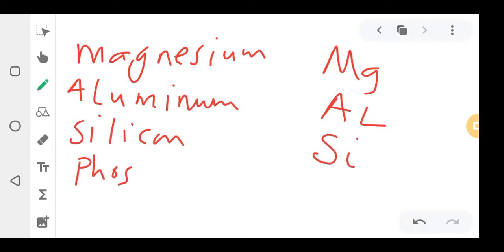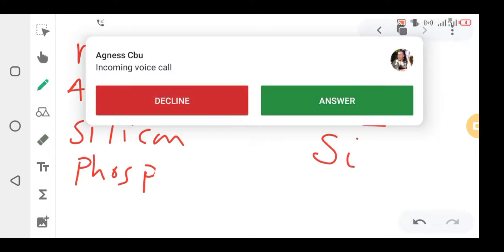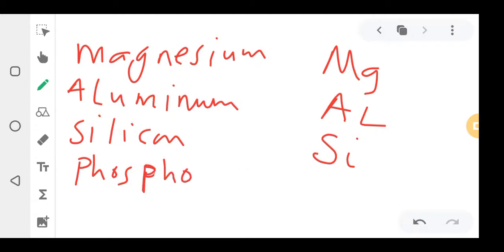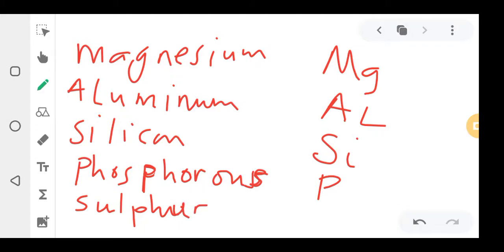We have phosphorus, the symbol is P. After phosphorus, we have sulfur, the symbol is S. After sulfur, I've got chlorine, Cl.